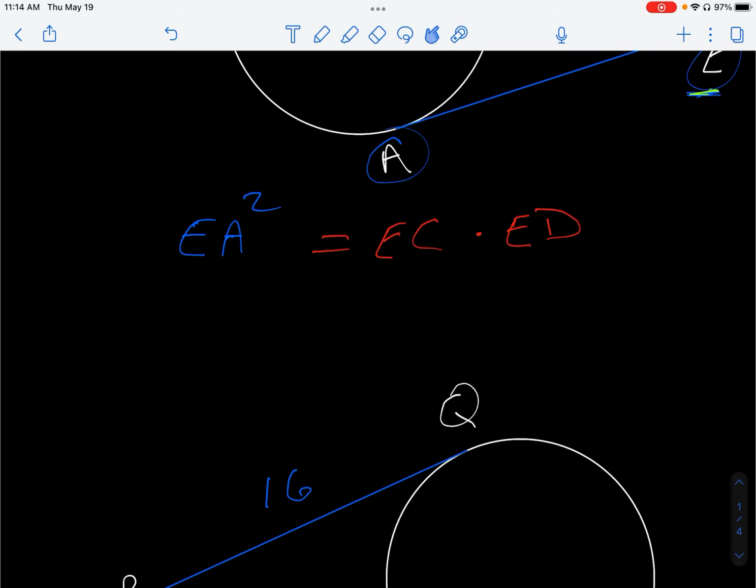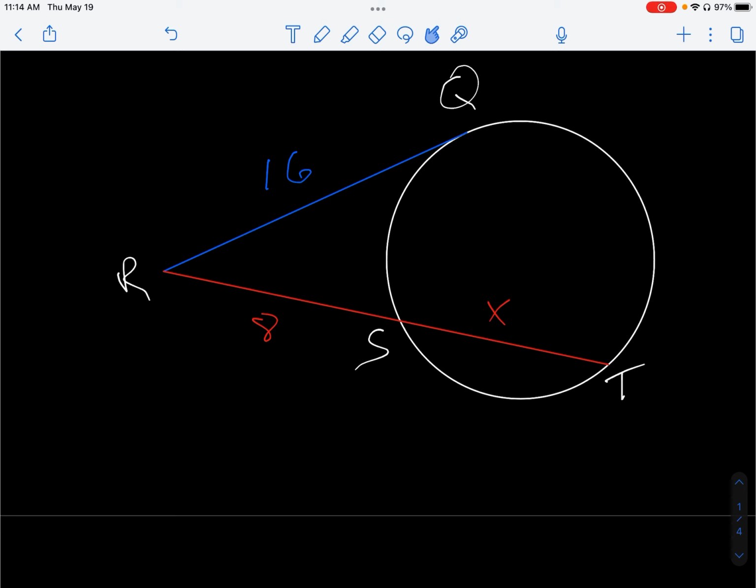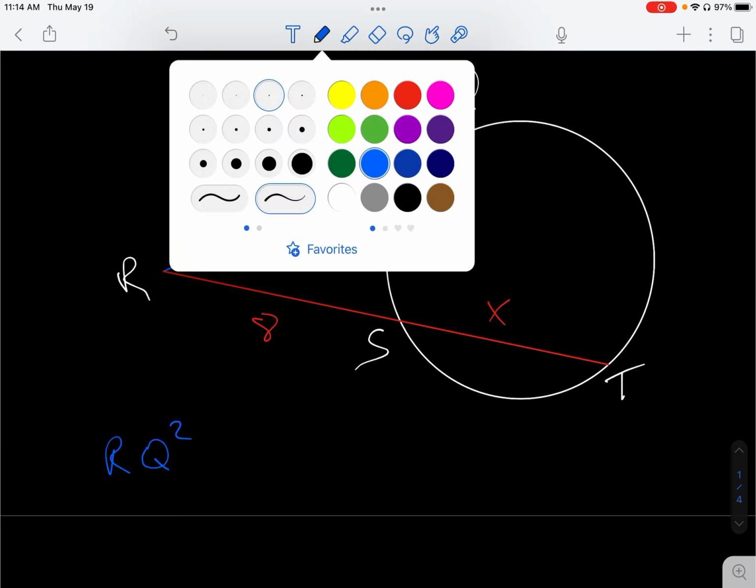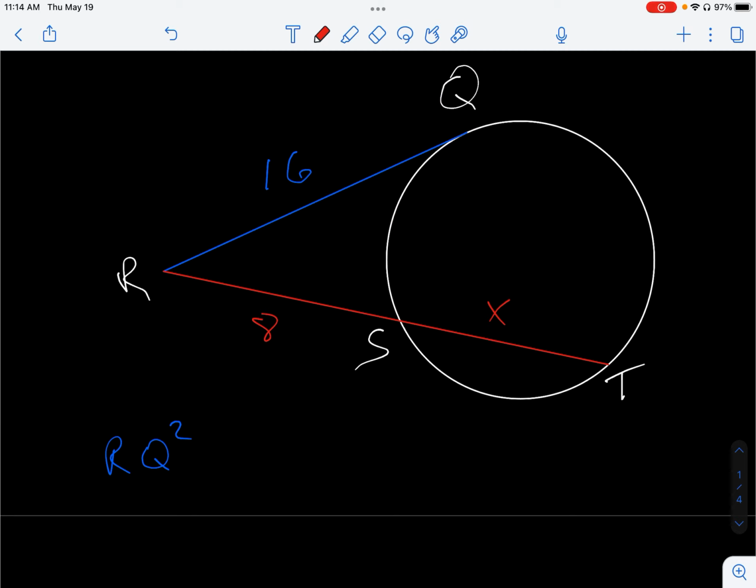And let's look at an example of what this might look like. So here we have RQ is a tangent to the circle. So RQ squared is going to be equal to the external segment times the length of the entire segment.